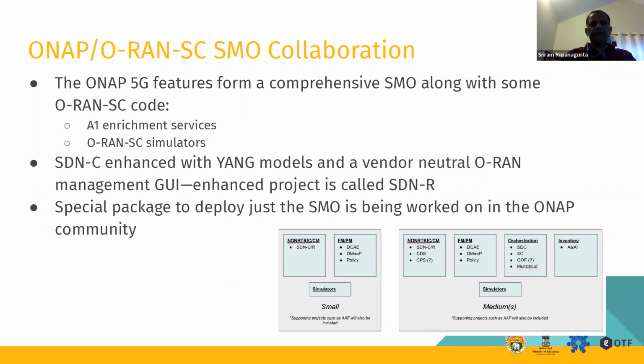For example, ONAP implements some of the functions that are required for the ORAN specification, such as SMO. And some of the SDNC layers in ONAP are enhanced into a project called SDNR, which is the module that implements the SMO functionality. So that's where this collaboration comes in.